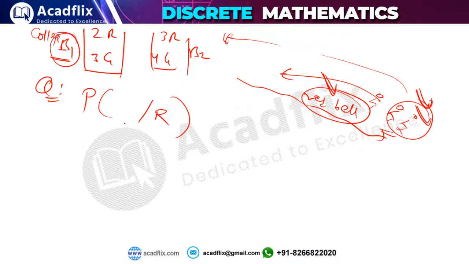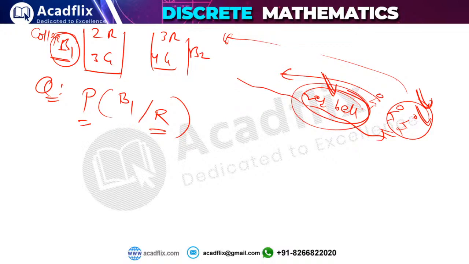Okay, so basically we are asking what is the probability given that you already have a red ball in your hand. You already have chosen a red ball. Now we are asking what could be the probability that you have chosen it from box 1. So see, you have a red ball, but we don't know whether you took it from box 1 or box 2.